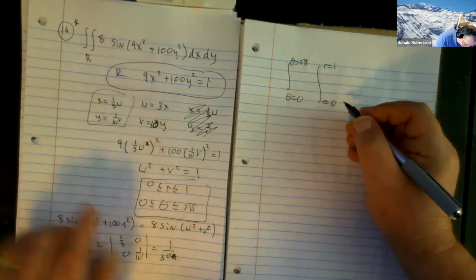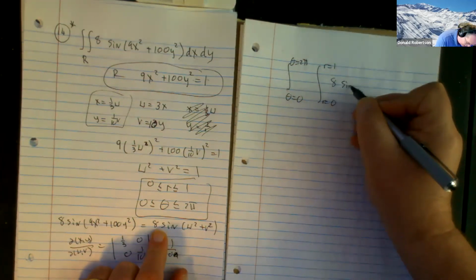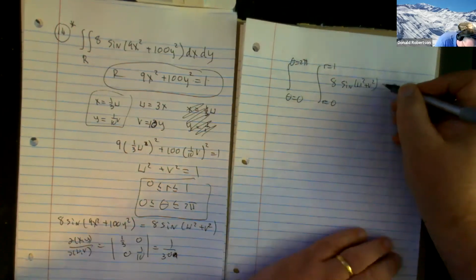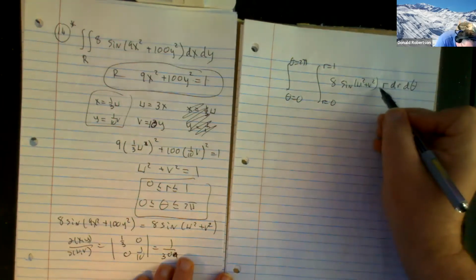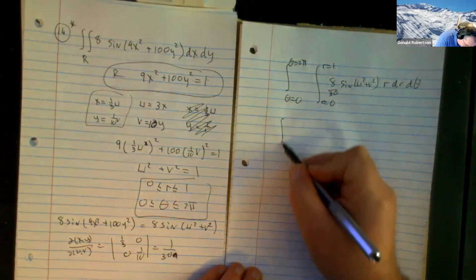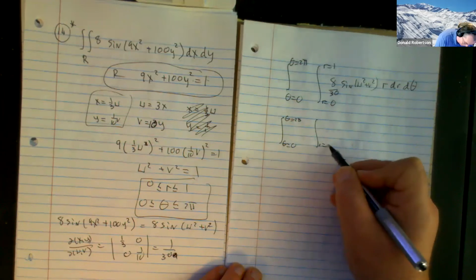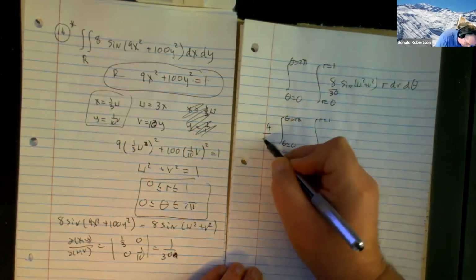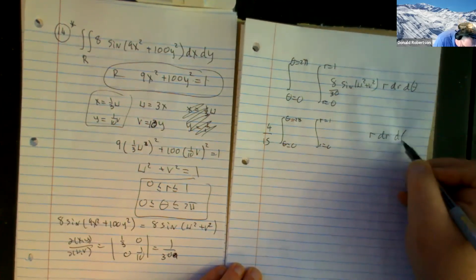This turns into 8 sine of u squared plus v squared, r dr d theta, and I forgot to add in my Jacobian, so I'll put it there. That cancels down to 4/15, and I'm going to pull it out so it's not in the way anymore.